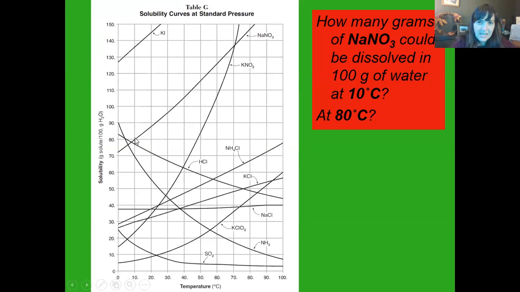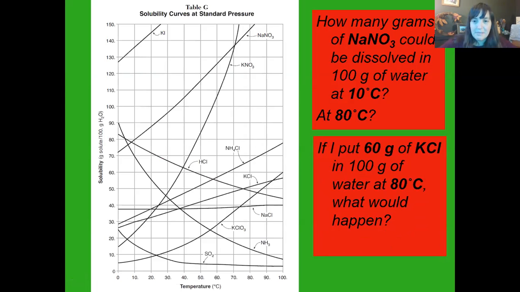So it looks like at 10 degrees Celsius, you can dissolve about 80 grams of sodium nitrate. Versus at 80 degrees Celsius, here's 80 degrees Celsius, woo, you can dissolve a lot more of that salt in the liquid. You can dissolve like 146-ish grams of sodium nitrate at that temperature. Cool.